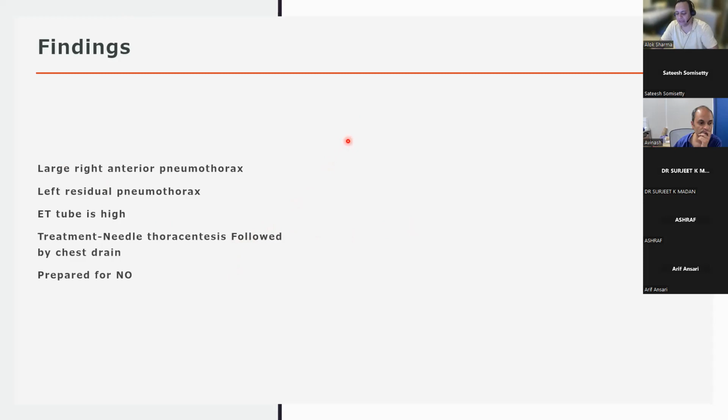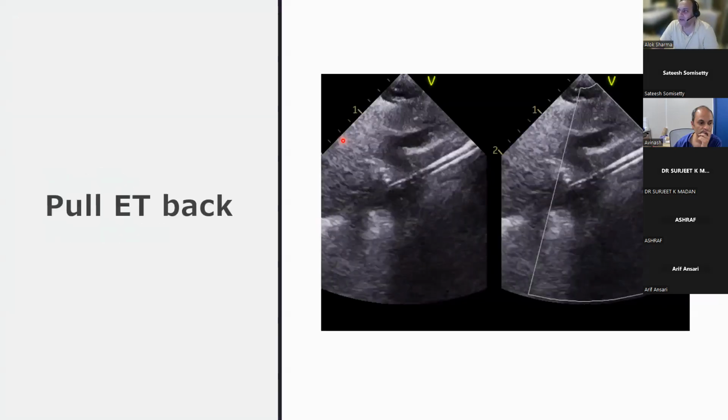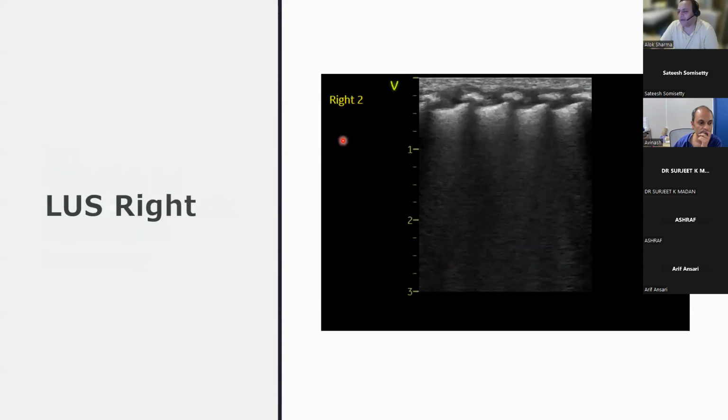Lovely. That's beautiful. So just giving everybody a feel, this is where the pit stop approach comes into concept. This baby has already got a left-sided drain, will need a right-sided needle thoracentesis, will need a right-sided chest drain, will need a follow-up X-ray, you probably need an echo. And really, in my setup, at least in Southampton, it used to take 20 minutes to just run the nitric through. I think the risk of pulmonary hypertension still remains very high.